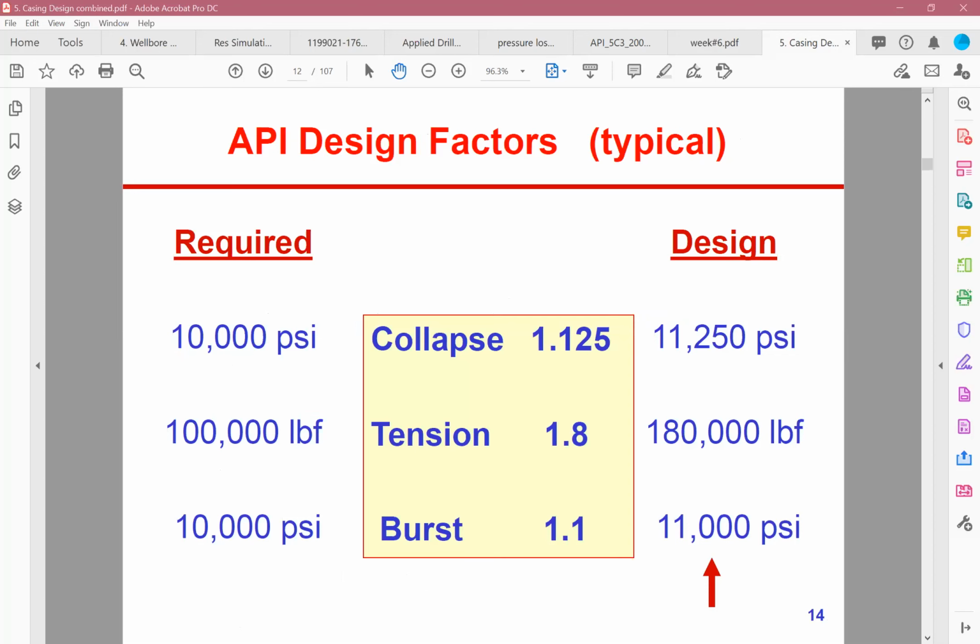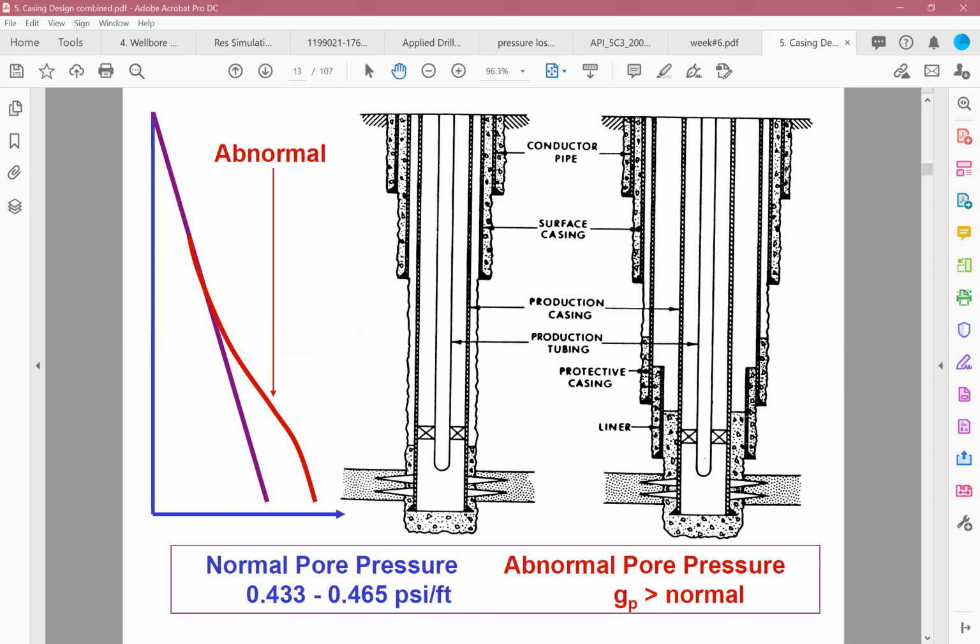All right, so let me skip this slide and we talk about the normal pressure gradient. So this is pressure. This is depth. This is pressure. If you are in normal pressure gradient, then you follow this linear line.